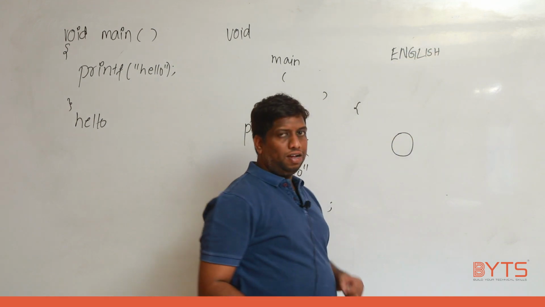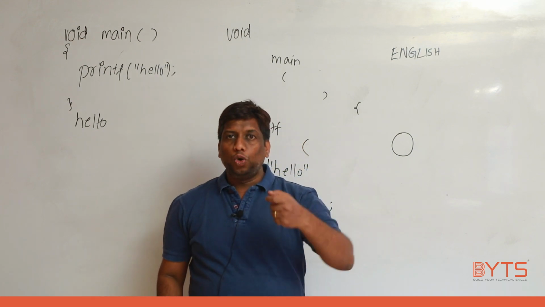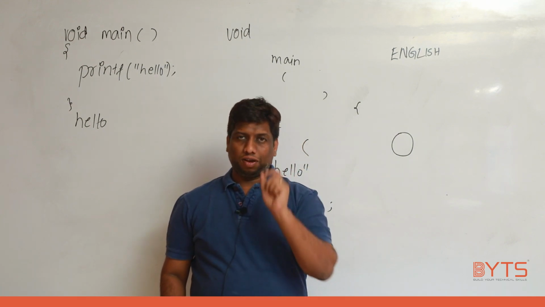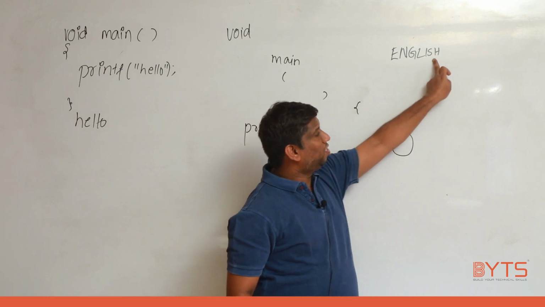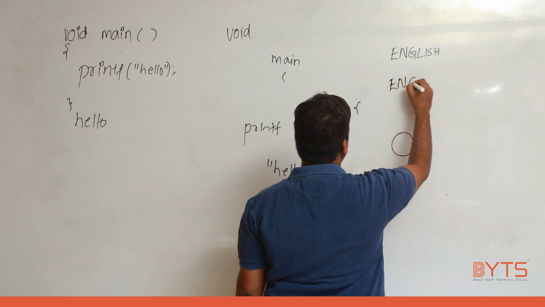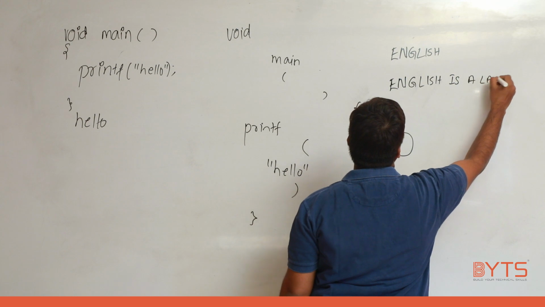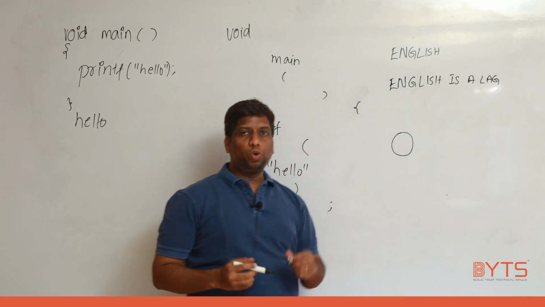Well, let us take one small important word, English. Here the question is, how many tokens are there? The token I am going to call here a letter. If I say letter, how many tokens are there? 7 tokens. If I say English is a language, now how many tokens are there?